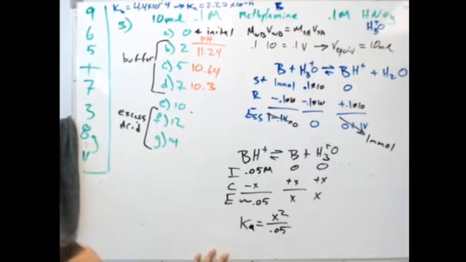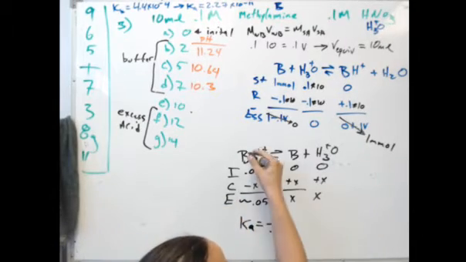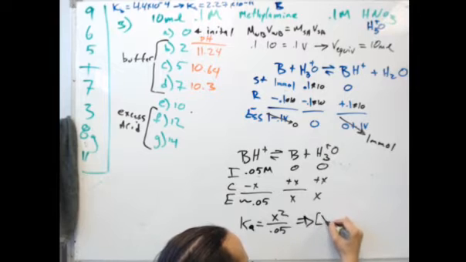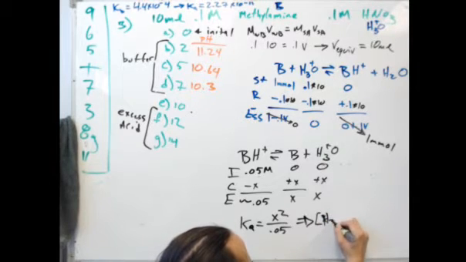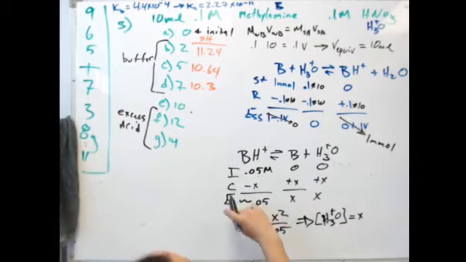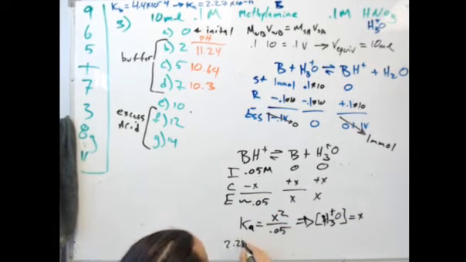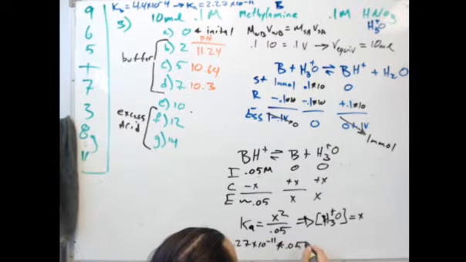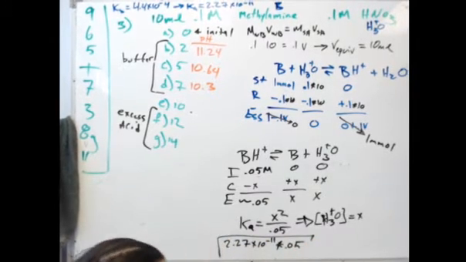The nice thing about doing the weak base, the conjugate acid, is in this case when we solve, our H3O plus is equal to our x. Plug in our Ka, 2.27 times 10 to the minus 11 times 0.05, then take the square root.